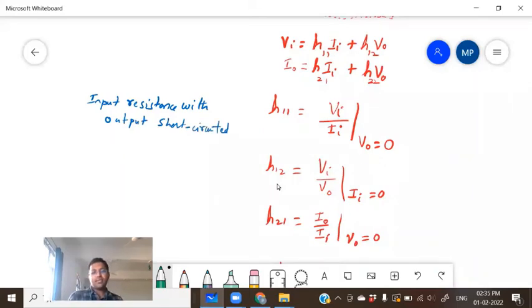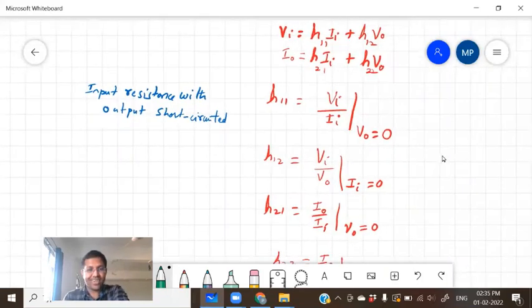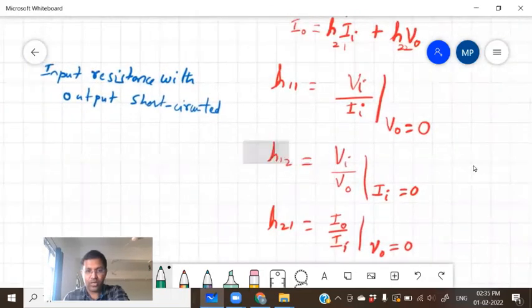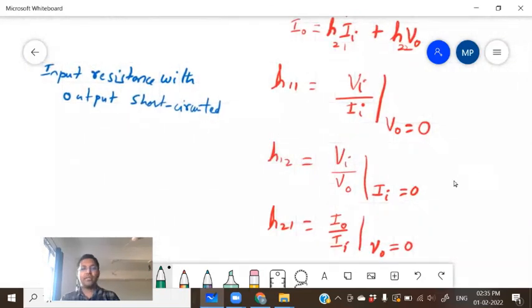Next, H12. What is H12? It is input voltage by output voltage. You know, voltage gain is output voltage by input voltage, right? So this is like reverse voltage gain.